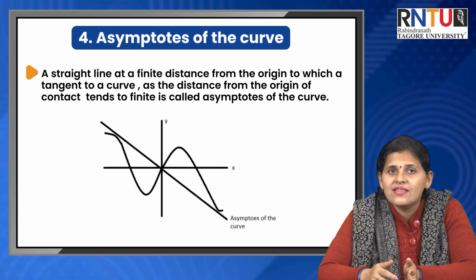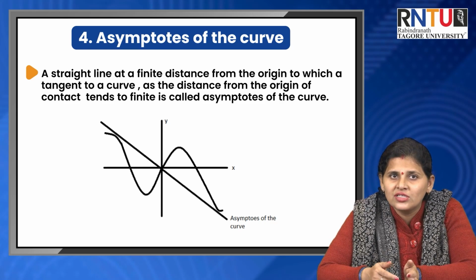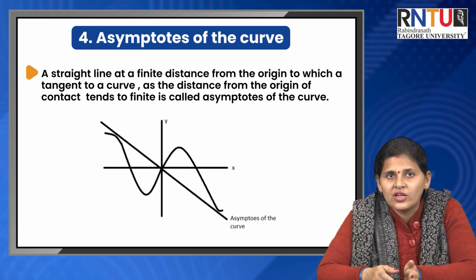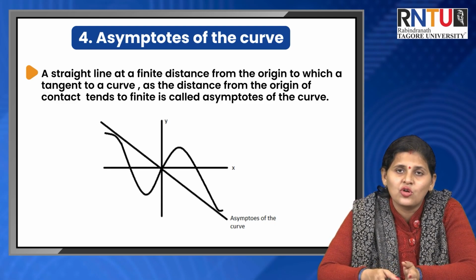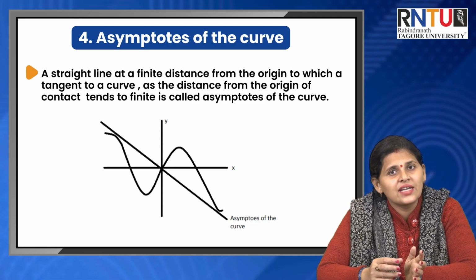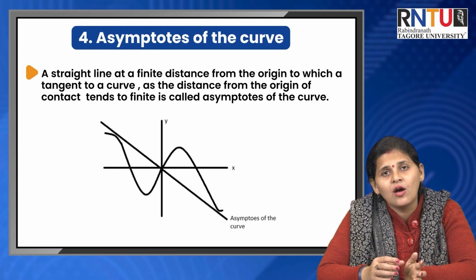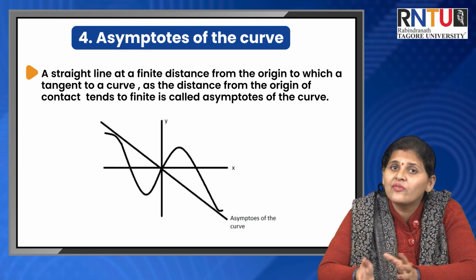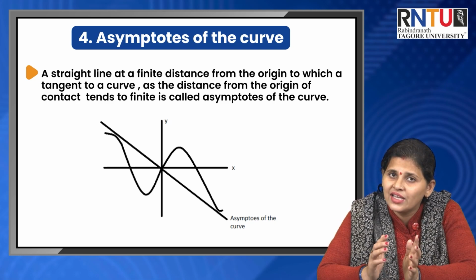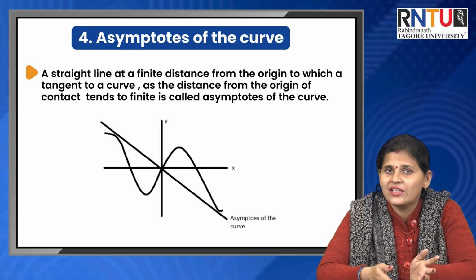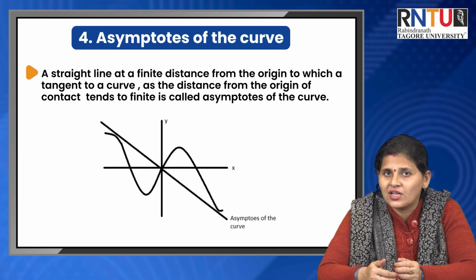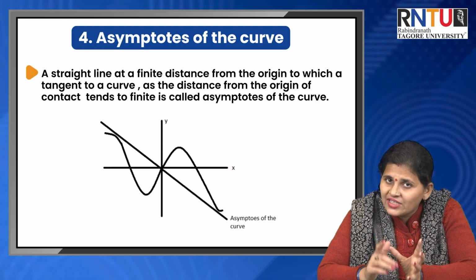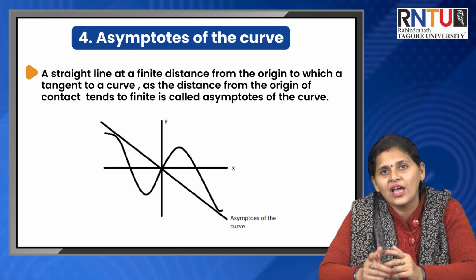Asymptotes of the curve. A straight line at a finite distance from the origin to which a tangent to a curve tends as the distance from the origin of the point of contact tends to infinity is called an asymptote. Asymptotes mean a straight line which is tangent to the curve at infinity.